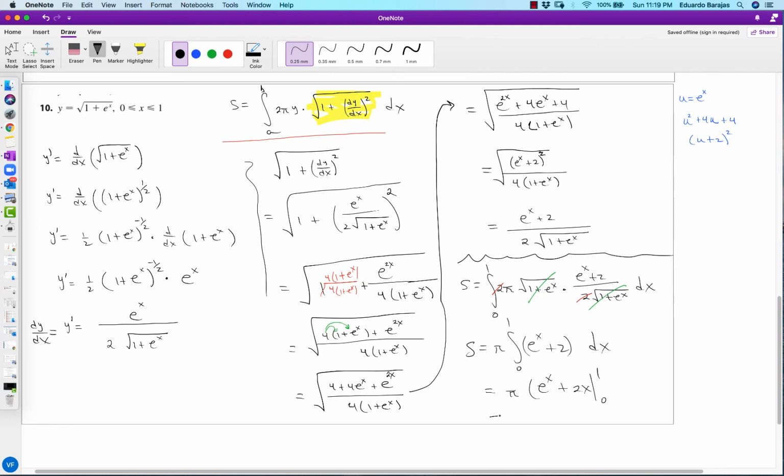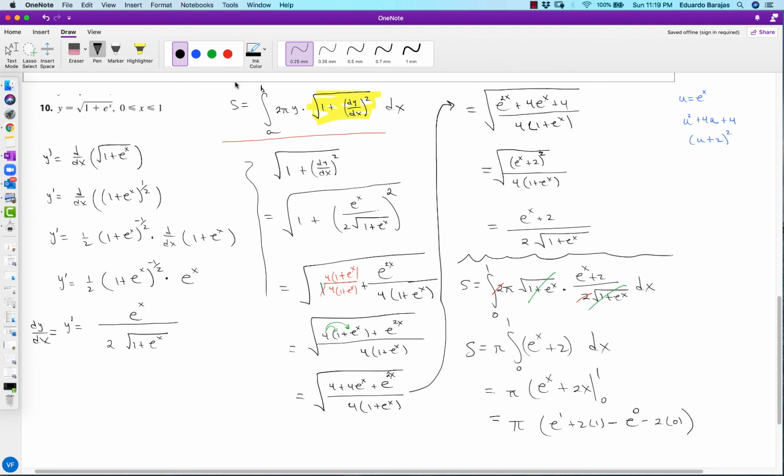So this becomes equal to pi times e to the first power plus 2 times 1, minus e to the 0 power minus 2 times 0. So e to the first power, that's just e. 2 times 1, well, that's just going to be 2. e to the 0 power is just going to be equal to 1.